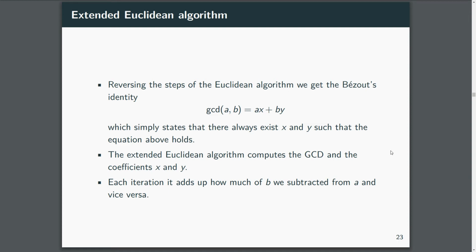And if you have the extended Euclidean algorithm, it computes the GCD and also computes the values of x and y. And in each iteration, it adds up how much of b we subtracted from a and how much of a we subtracted from b.